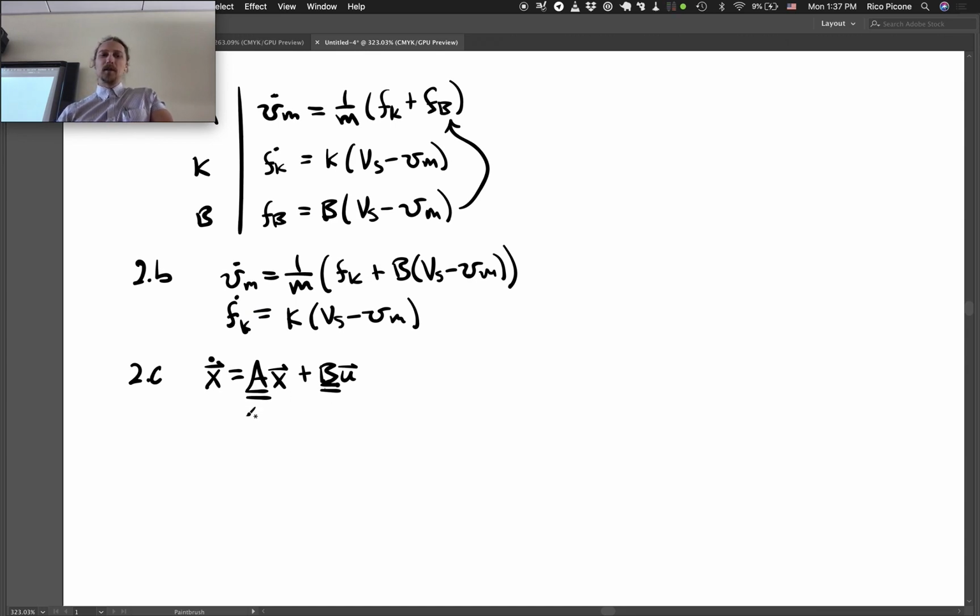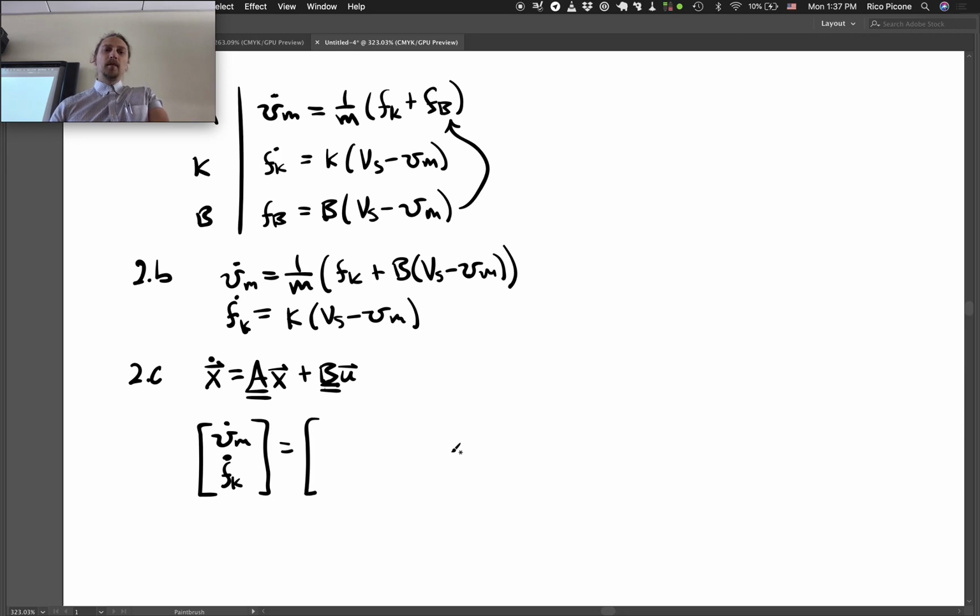So these are the matrices. So we need to do x dot, which is Vm dot, Fk dot. Okay, so that's the state vector in the order we chose it to be, right? Vm, Fk, and then the time derivative of it.